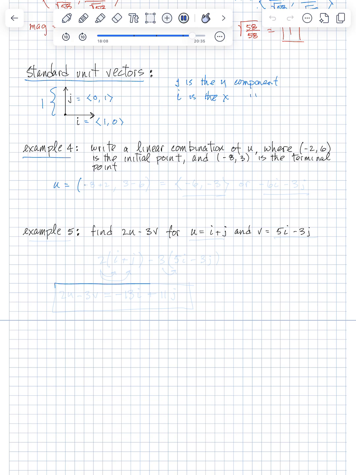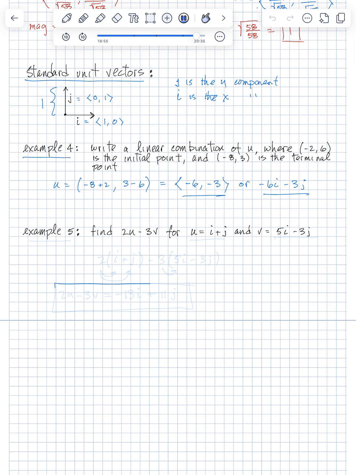So this is going to be negative 8 minus negative 2 in the x direction, and then 3 minus 6 in the y direction. So this is the vector negative 6, negative 3. Or we could just write this using i and j. This would be negative 6i minus 3j. So these two things are equivalent, saying the same thing.